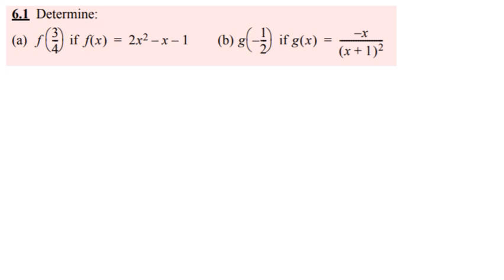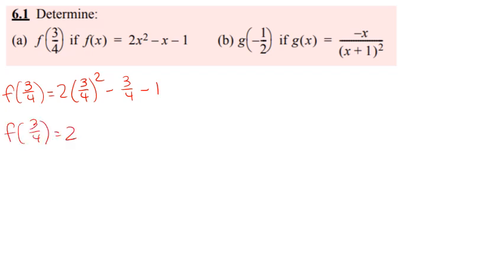Okay, same thing here. F of 3/4. Okay, so f of 3/4 is equal to 2 times 9 over 16 minus 3/4 minus 1. 2 times 9 over 16 is 9 over 8. So I know I need an 8 for a common denominator, so I'm just going to do it right away.